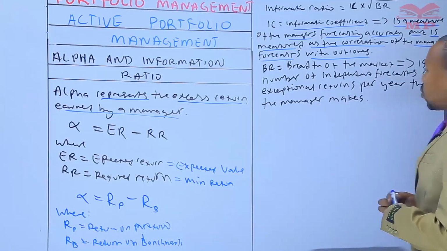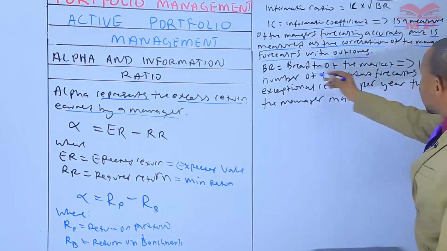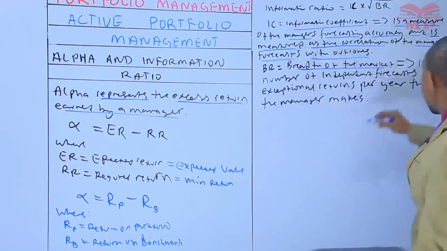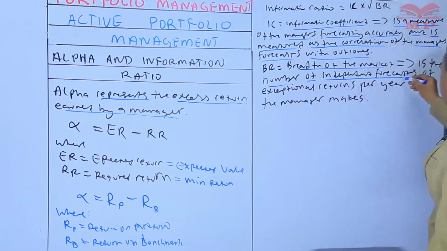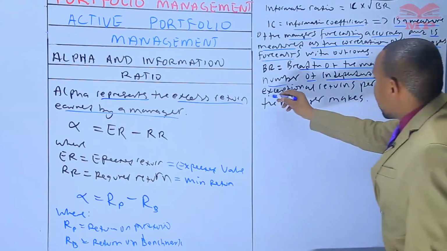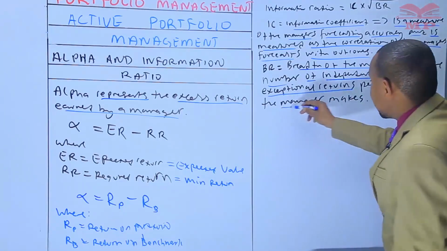So the breadth of the market, that's what is represented by BR, is the number of independent forecasts of exceptional returns per year that the manager makes.